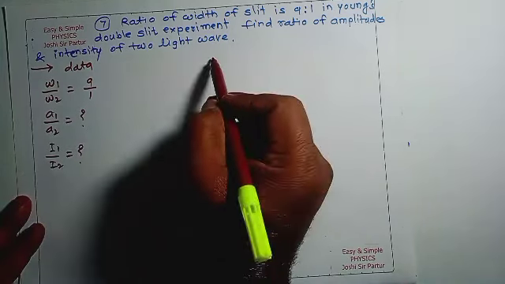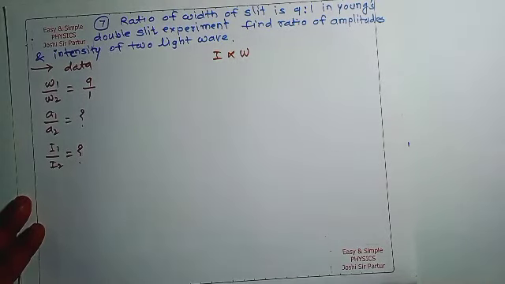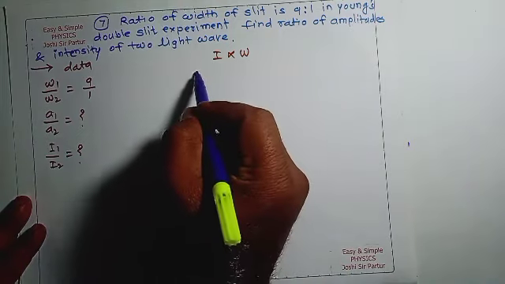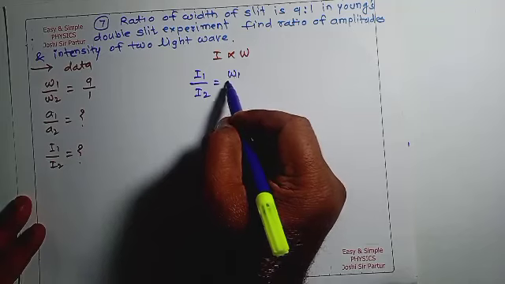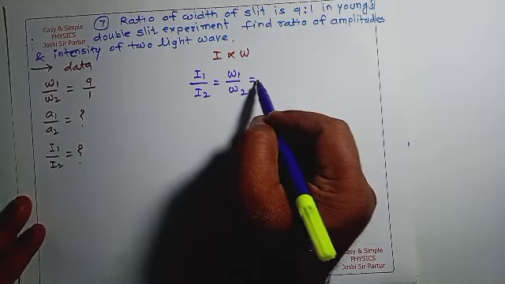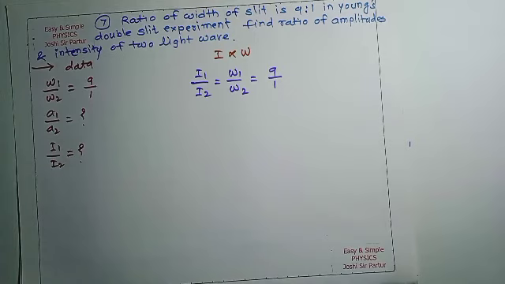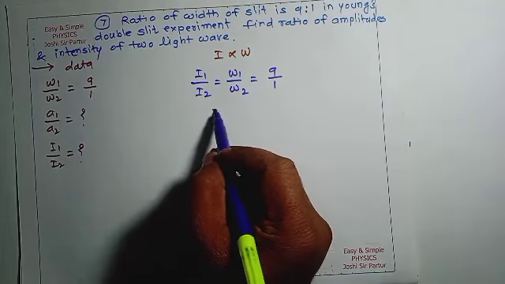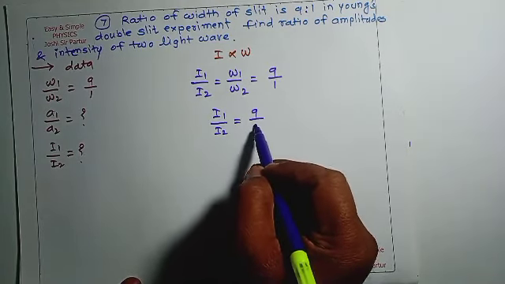We know that intensity is directly proportional to width. Therefore, the ratio I1 upon I2 is equal to width 1 upon width 2, which is equal to 9 upon 1. So the first answer is 9 upon 1, the ratio of intensity 1 to 2.